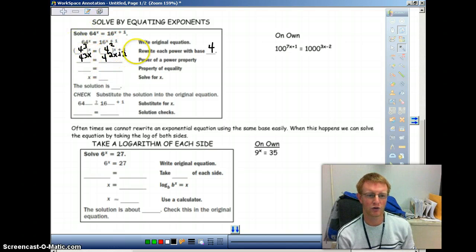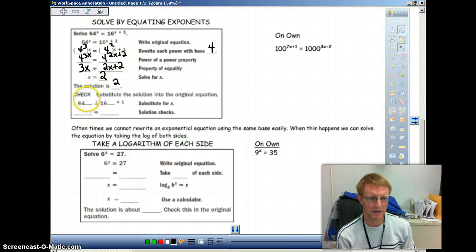So now we're going to use our power of a power property. Because both of our bases are 4, we simply have to solve the equation 3x equals 2x plus 2. Minus 2x to both sides, and you get x equals 2. So the solution here is 2.